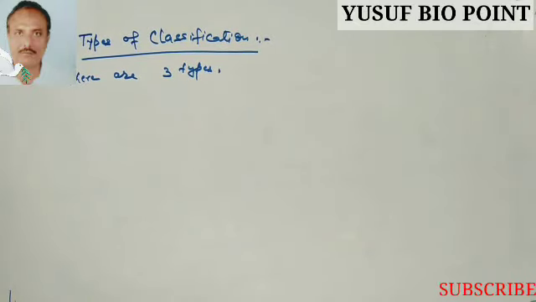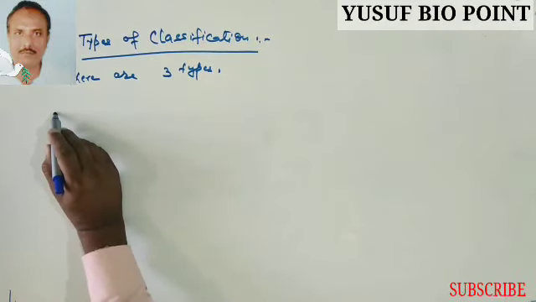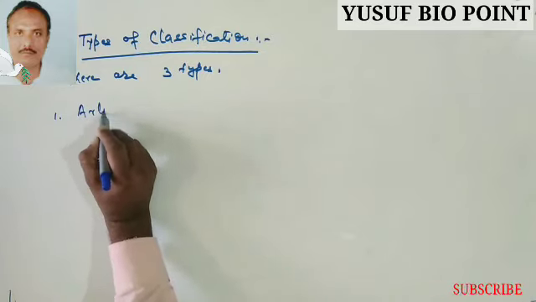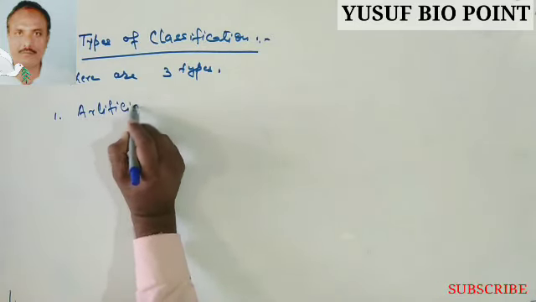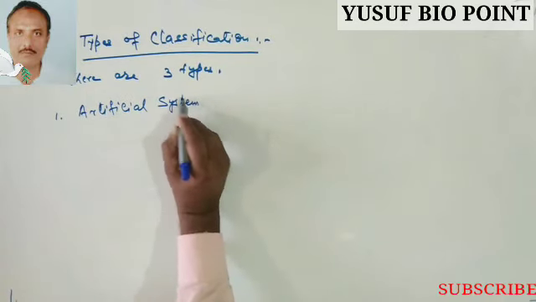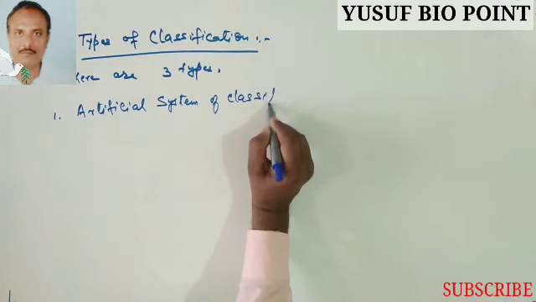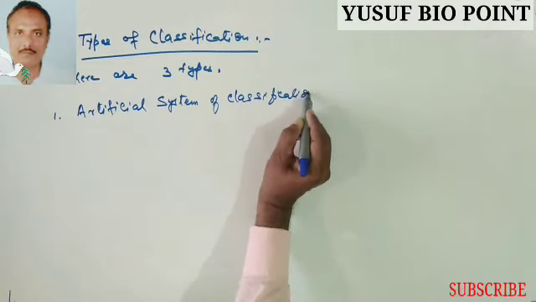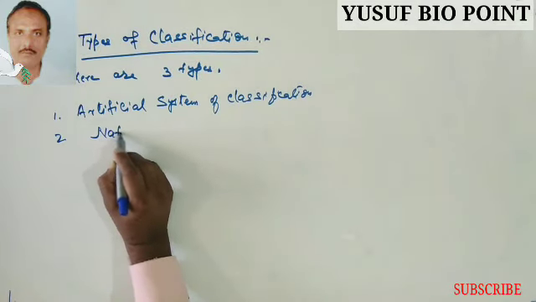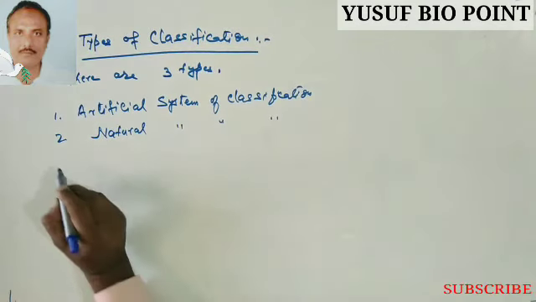Now types of classifications, and that is of three types. First one is artificial system of classification. Second one, natural system of classification.